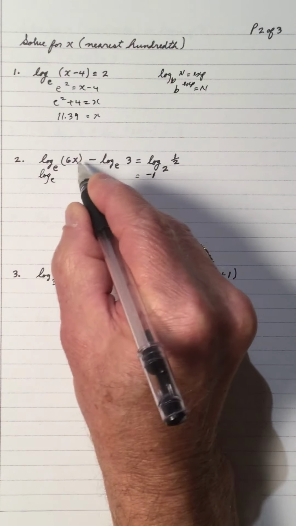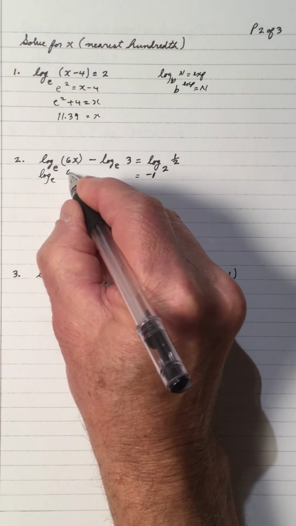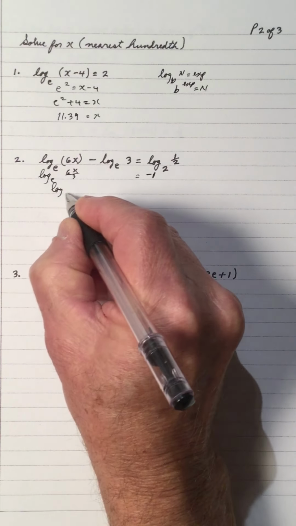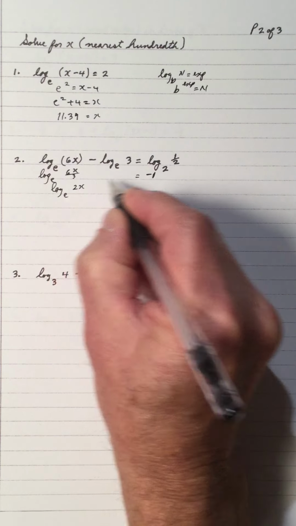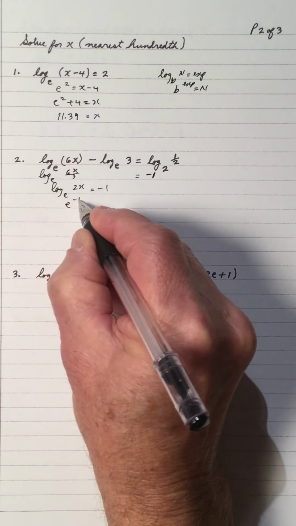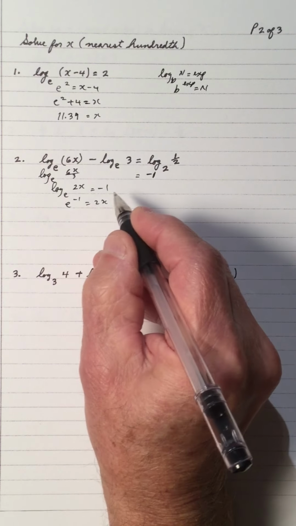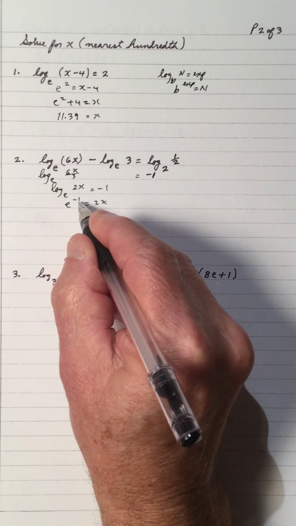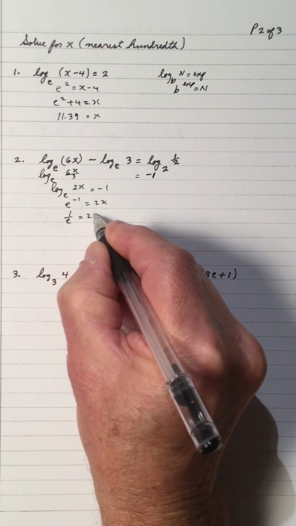Both of them have base e, and when you're subtracting logs, you divide. So 6x divided by 3, so this is the log base e of 6x divided by 3, which is 2x, equals negative 1. So base, exponent, number. That means e to the negative 1, which is 1 over e, equals 2x.